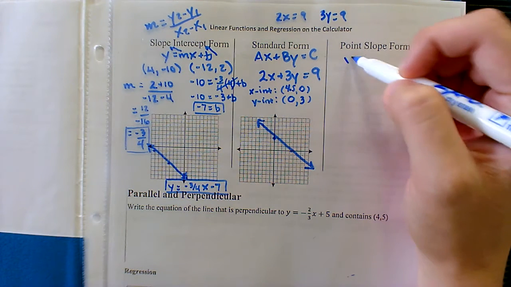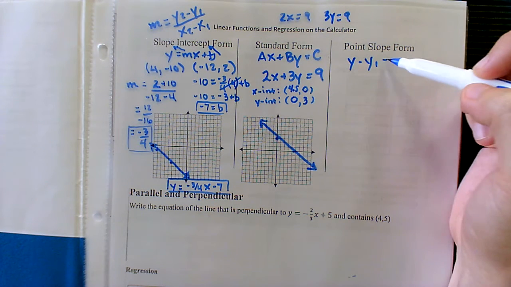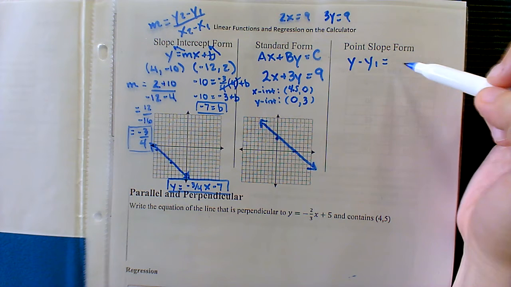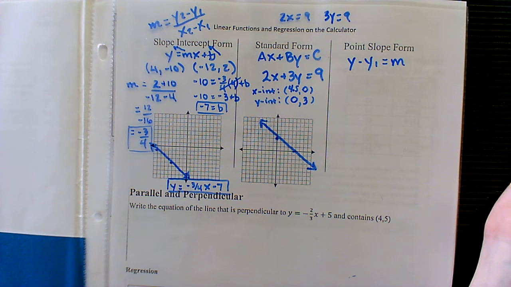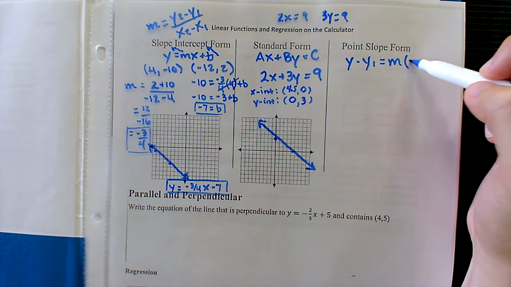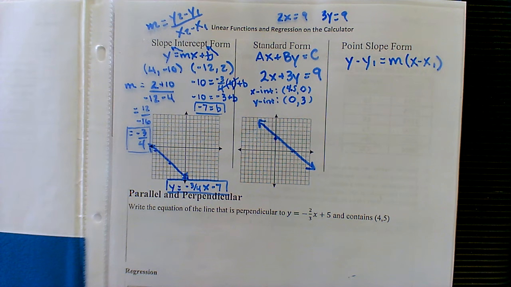I know you've seen it before. y minus y1 equals m times, all right, x minus x1? We're shaking our heads yes, right? It looks familiar, it's a little involved, right?